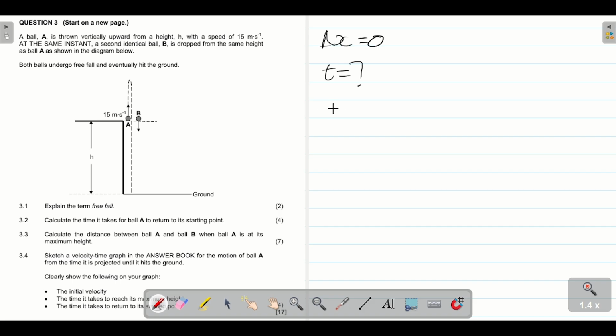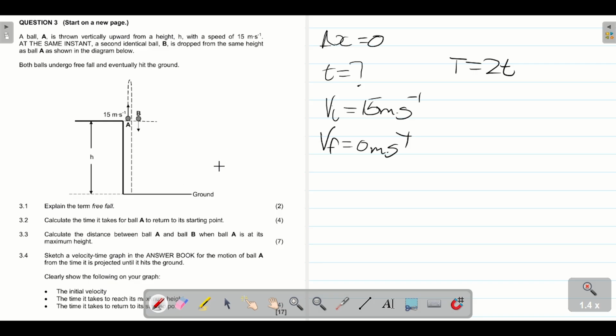So I would simply use the initial velocity, as stated there, and know that the final velocity when it gets to the top is 0 meters per second. That should be enough for me to get the time it takes to get to the top, and then I'll just calculate t total as 2 times the time it took to get to the top.